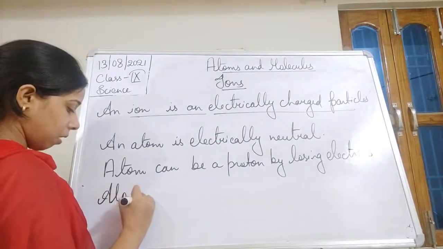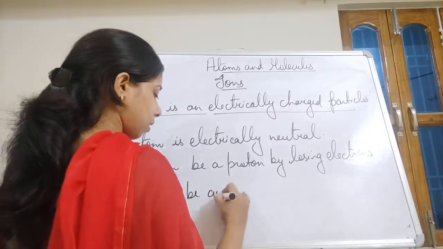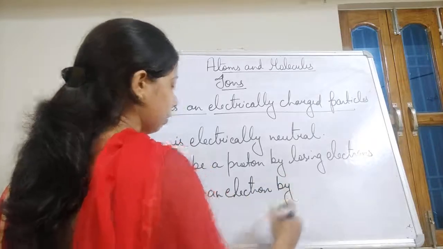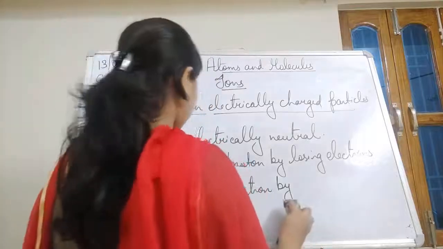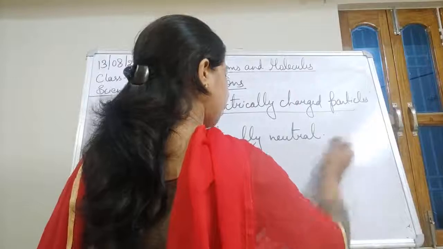Atoms can become an electron by gaining electrons. It can be a proton or it can be an electron only.